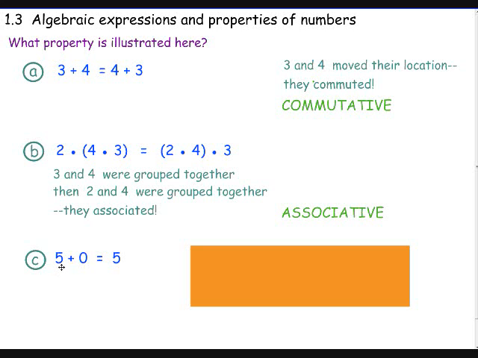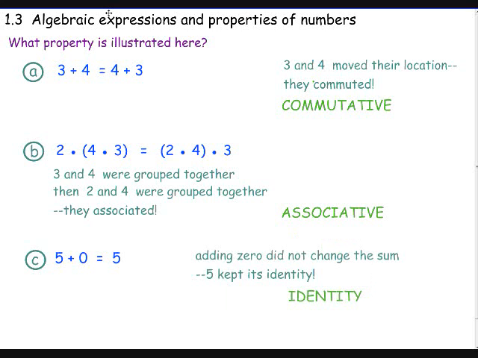Now finally, adding the 0. What happens to 5's identity when we add 0 to it? That's right, nothing. It stays the same. So this is the identity property. So commutative property relates to the position.